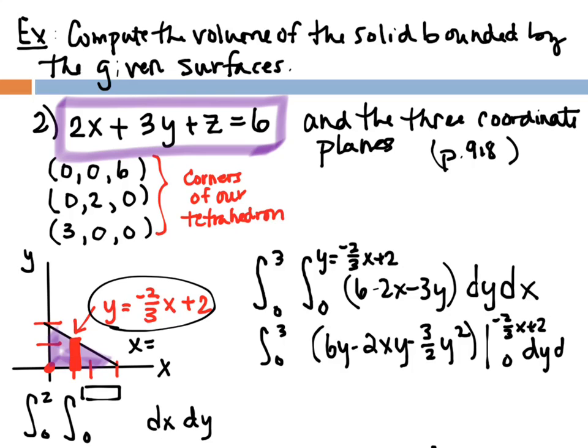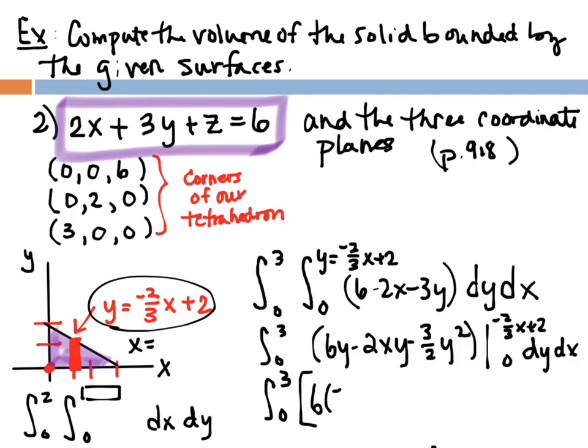And that's where things start to get messy algebraically. And this one isn't even all that bad. They're going to get worse. Now, I'll tell you what, I like the evaluation at 0. That's friendly. But the evaluation at the negative 2/3 x plus 2 isn't going to be all that friendly. So I need to substitute that in for every y value.